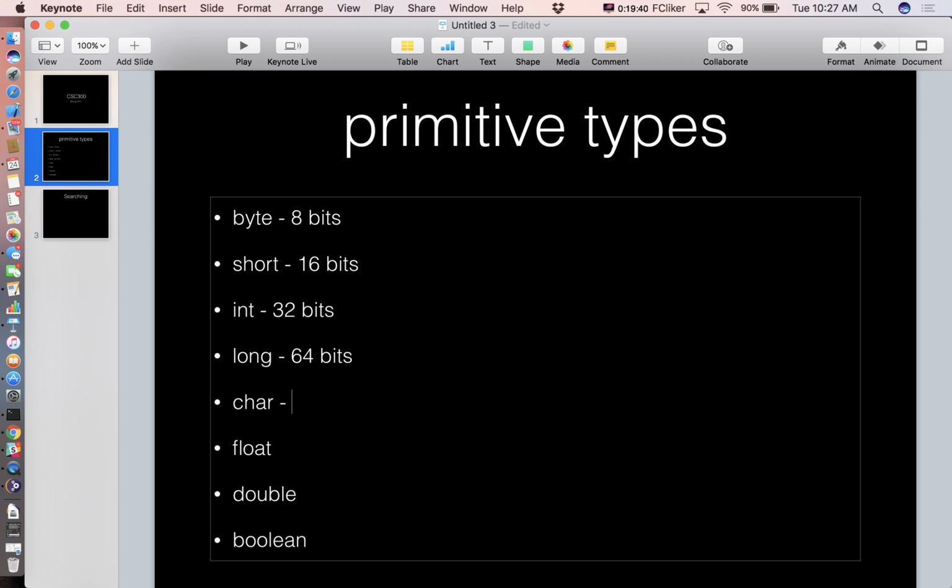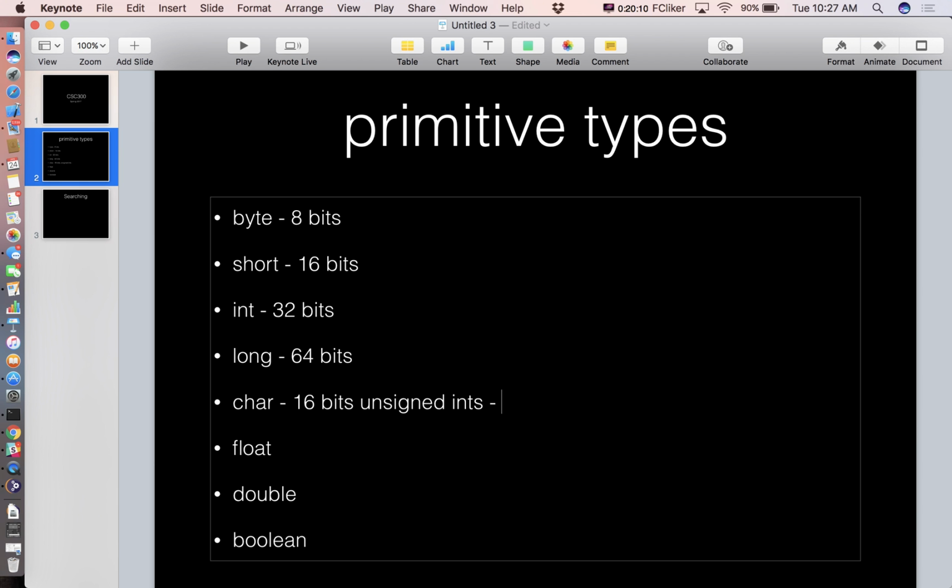What kind of values do chars hold? Unsigned values, specifically unsigned integers. Even though chars ultimately represent characters, A's and B's and question marks and commas, at the end of the day chars are 16-bit unsigned ints.